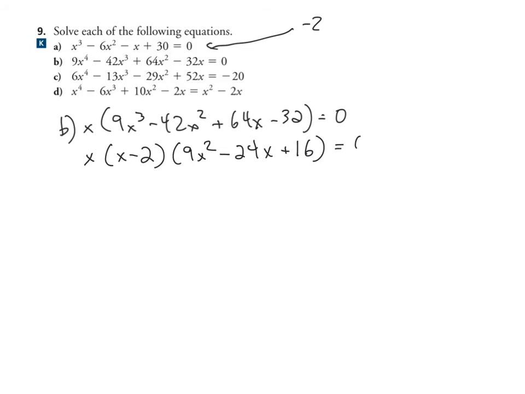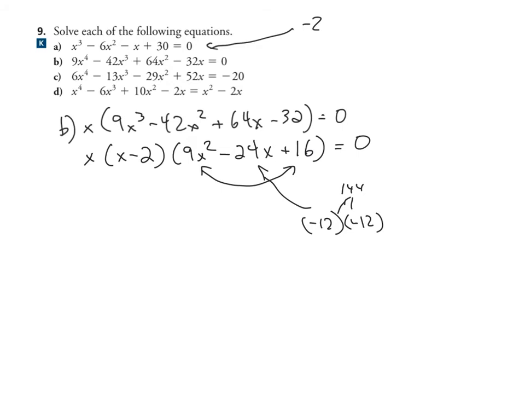And that's going to equal 0. Alright, fine. I'm going to do this through decomposition. So 9 times 16 is 144, and so negative 12 and negative 12 multiply to give 144 and add to give negative 24x. Well, negative 24.